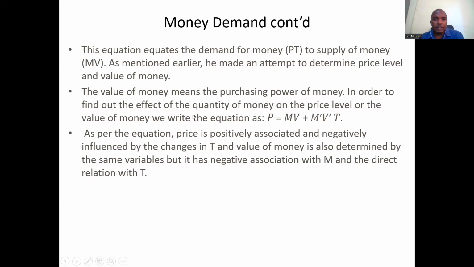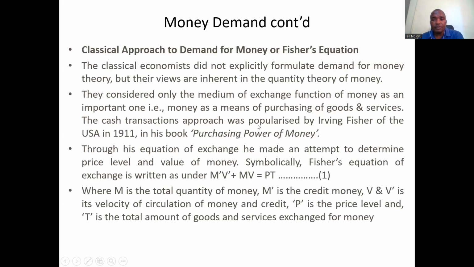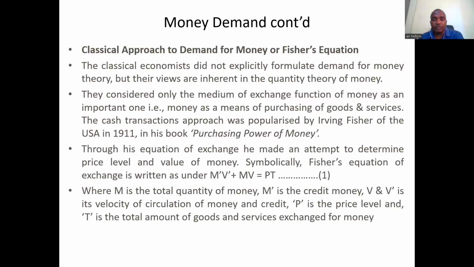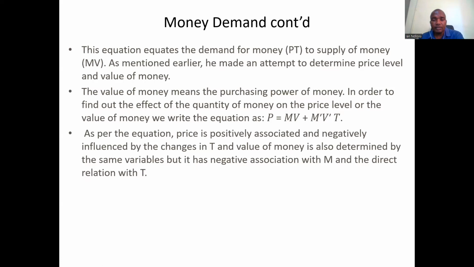In order to find out the effect of the quantity of money on the general price level or the value of money, we write the equation as P. So we make P the subject of the formula by dividing through with T.